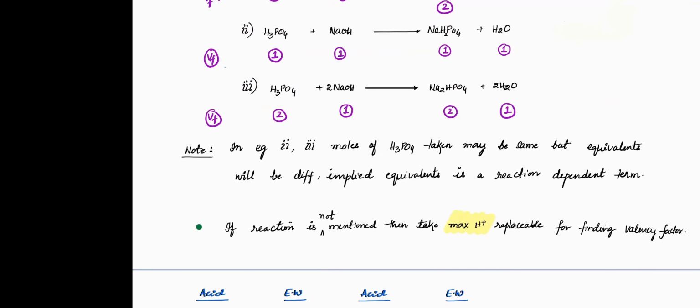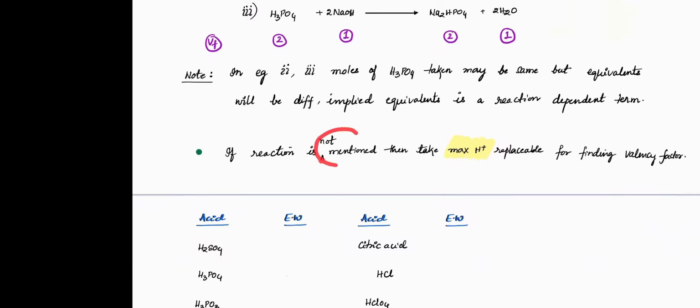And see, in examples 2 and 3, the H3PO4 taken may be the same, but the equivalents will be different. This implies equivalents in a reaction is a dependent term. And see, if the reaction is not mentioned, you will always consider the maximum replaceable values.